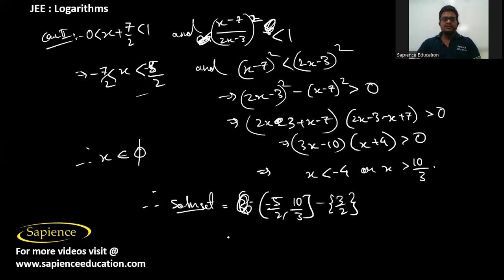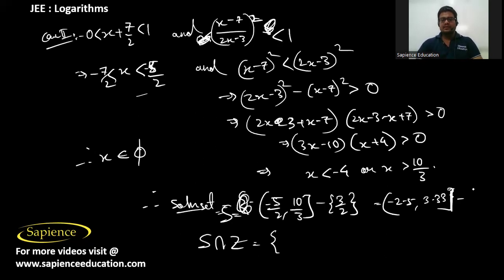So therefore, the number of integral solutions. How many integral solutions do we have to find? If this is the solution set S, then we have to find S intersection Z. That will give you the set of the integral solutions. So this is actually -2.5 to 3.33, excluding 1.5.